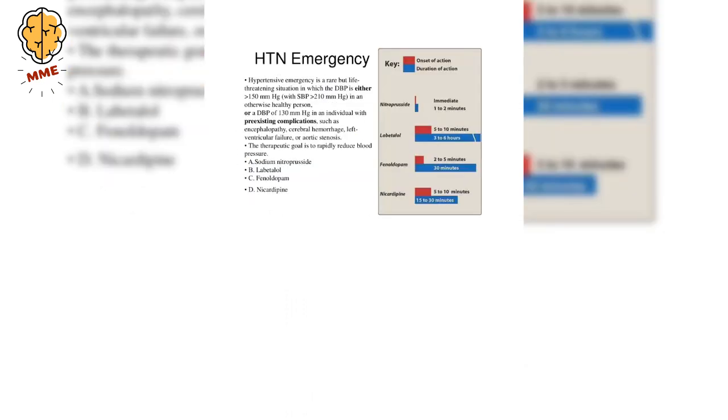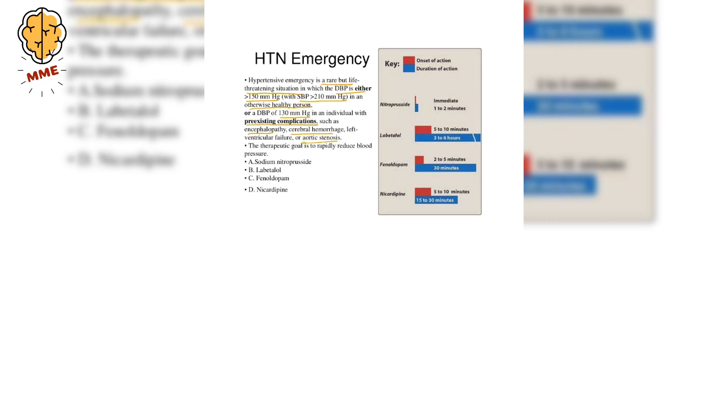Now there is a condition called hypertensive emergency. Hypertensive emergency is a very rare but life-threatening situation in which the diastolic blood pressure is more than 150 millimeters of mercury with systolic blood pressure more than 210 millimeters of mercury in an otherwise healthy person, or a DBP of more than 130 millimeters of mercury in an individual with pre-existing complications such as encephalopathy, cerebral hemorrhage, left ventricular failure, or aortic stenosis.